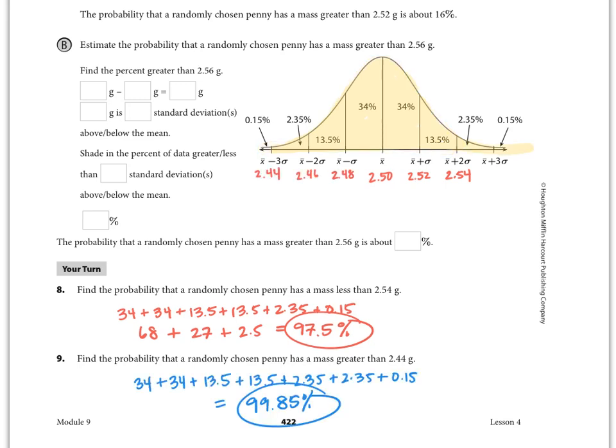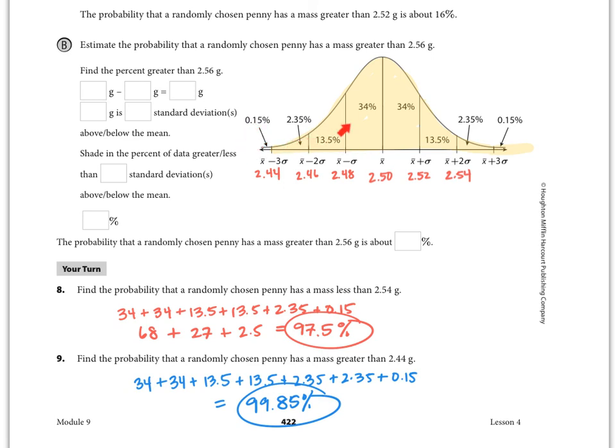And for number 9, I notice that 2.44 grams is on the lower end. It's 3 standard deviations below the mean. So if I only want the pennies that are greater than that, that's almost all of them. It really only leaves out this 0.15. That's the only percentage that's not included here.